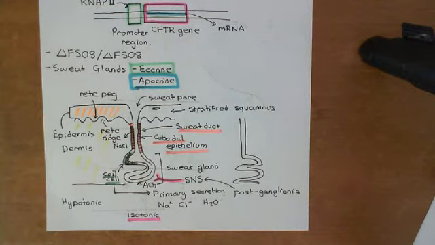Okay, so welcome back to this next video in which we are discussing cystic fibrosis and cystic fibrosis medications. We're currently in the process of discussing the pathology of cystic fibrosis. We've discussed the cystic fibrosis transmembrane conductance regulator and how it's this ATP-gated chloride channel.